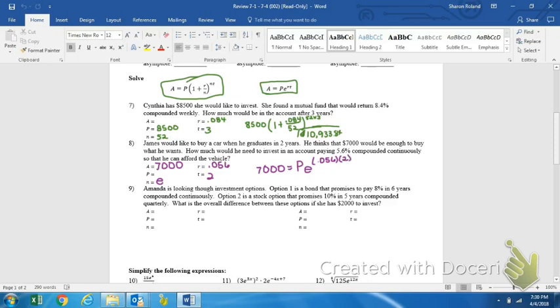Okay, in this case, since you're looking for P, you need to divide everything by this number right here.